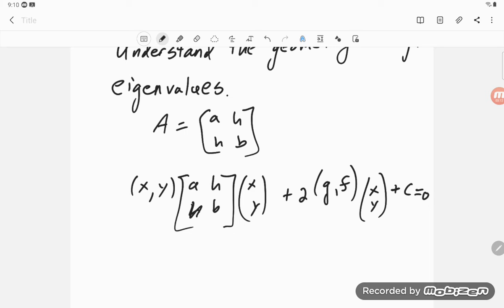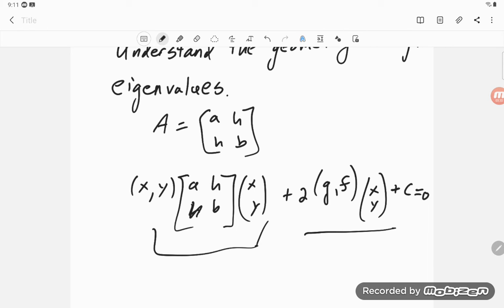So here's where the eigenvalue parts come in, and that's the sort of the important aspect of this. And then this part is more of a translation part involved there.